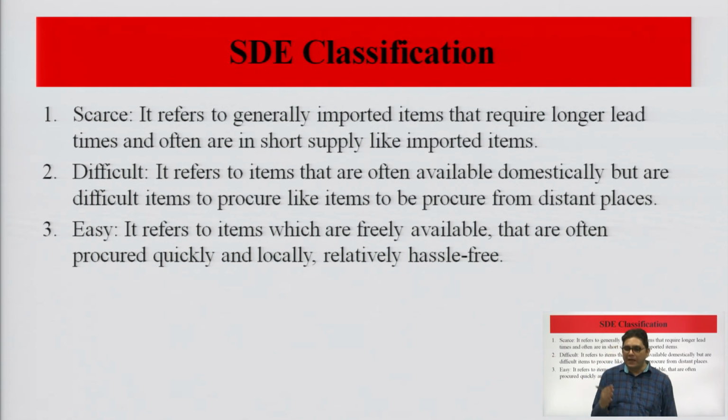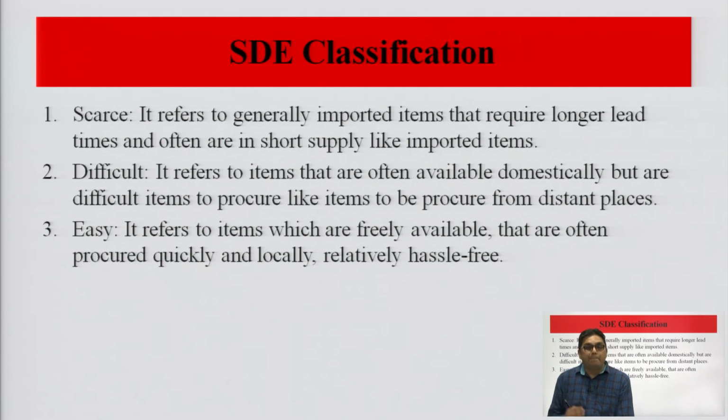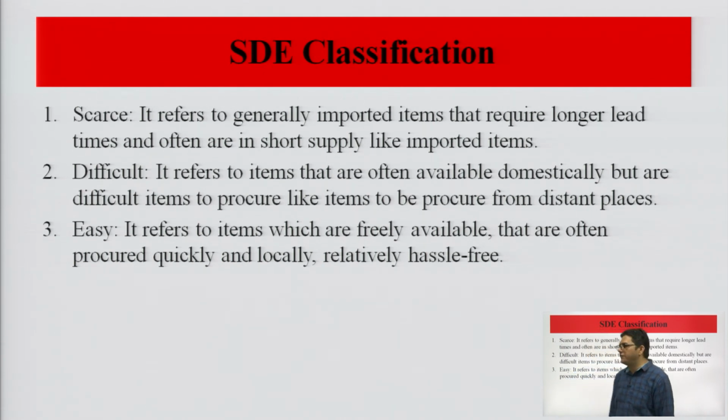For example, certain equipment or raw material is available within the country, but since the distance is so large and it takes so much time to come from one place to another, accessing it becomes very difficult. So these items, equipment or raw material can be classified as difficult, because their supplying is tough.